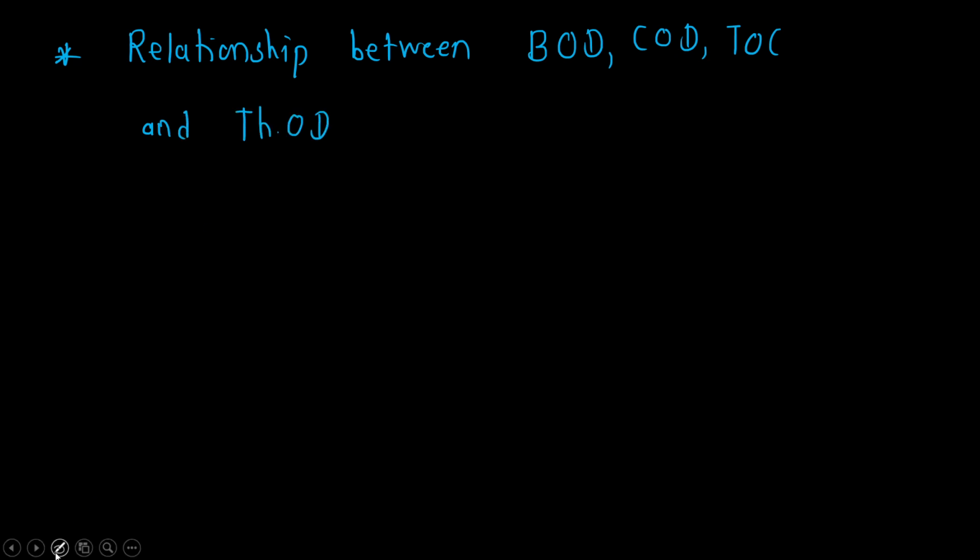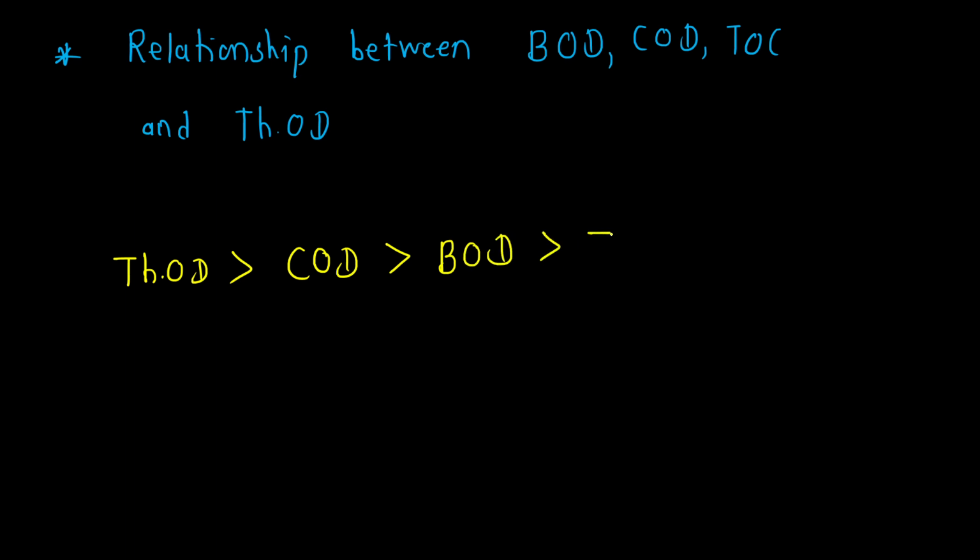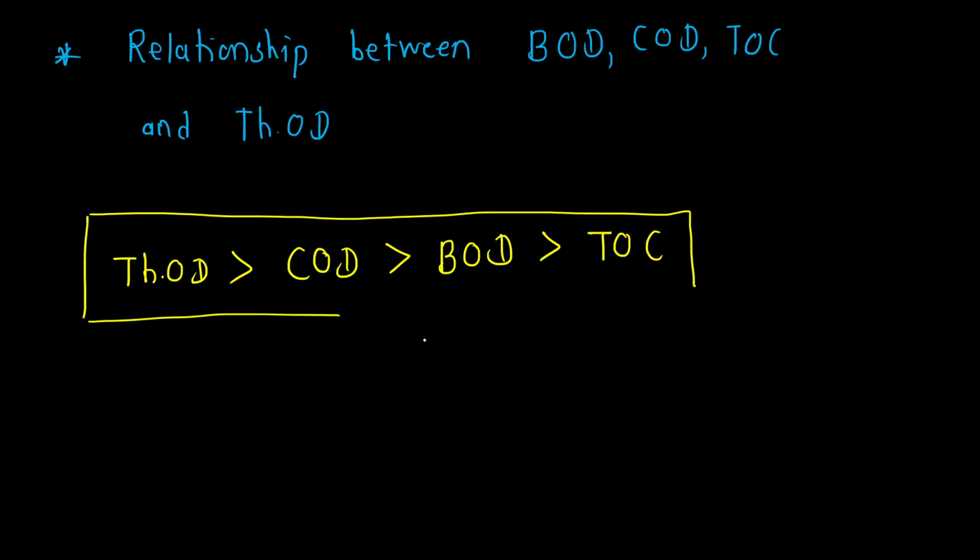So if we write the relation between these, the largest one is THOD, as it is theoretically calculated. Then the next one is COD. After COD comes BOD, and the last one is TOC, that is total organic carbon. This is very important. Even this has been asked previously in UPSC examinations. So this is the relationship between BOD and COD, and we can say all the oxygen demands.